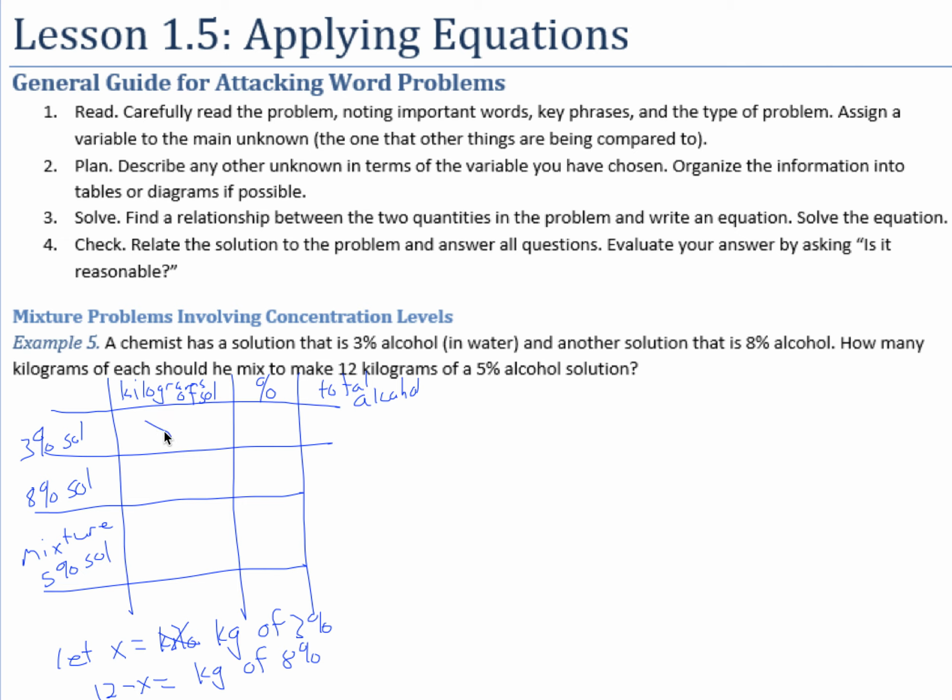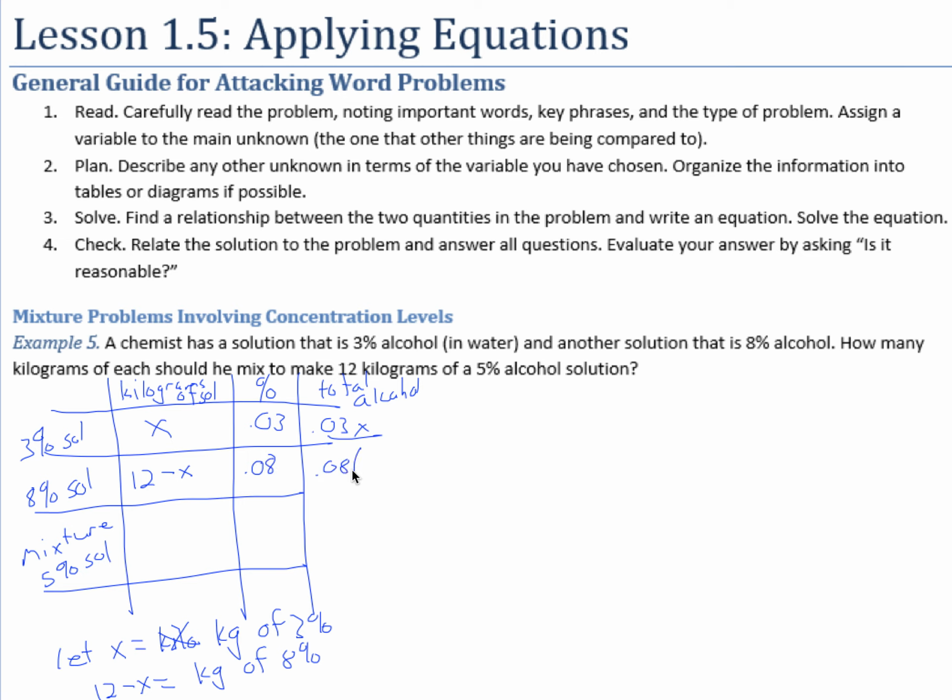And so we have x. Obviously, the percent of alcohol is 3%, so 0.03. And the total alcohol there is just you multiply those together. 0.03 times x. Same idea. How many kilograms? Well, there's 12 minus x. The percentage is 8%, so 0.08. And how much total alcohol is there?